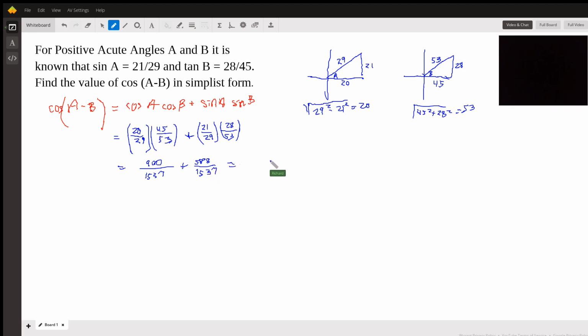And we'll just add these together. I'm going to get 1488 over 1537. And that does not reduce, according to my calculator. You cannot reduce that. So that's it. That's the answer.